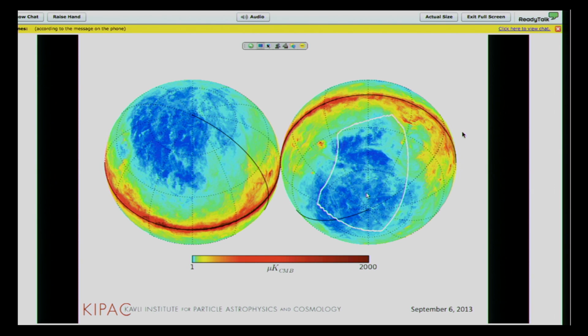It's also the region that the other experiments that I discussed will be covering. It's a very good part of the sky. And that 8 or 10% is about all of the southern hemisphere that's worth observing, given the level of foregrounds of galactic emission and the rest of it.